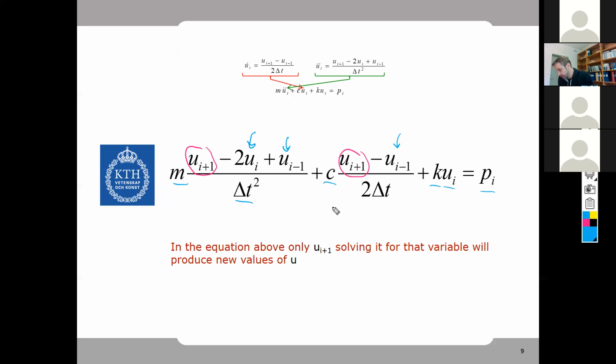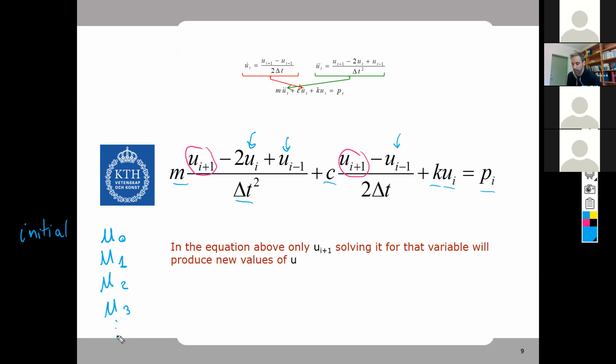equation, and once we solve it, if we start with u0, which is an initial condition, it has to be given to us, and we would use it to calculate u1. Once we have u1, we can use that to calculate u2, and that to calculate u3, and so on.